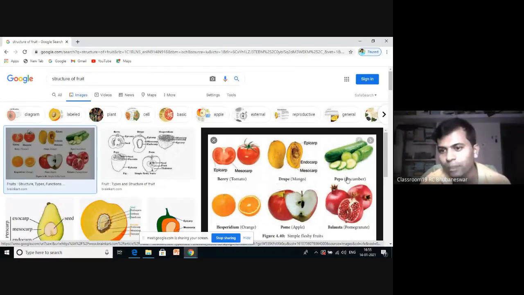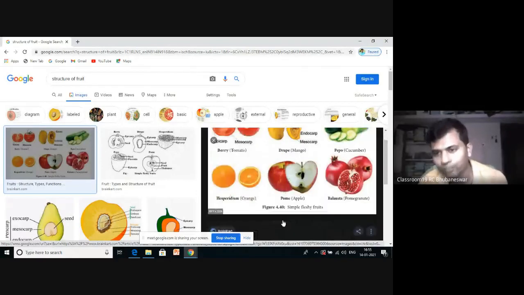Cucumber is a pepo, Cucurbita pepo. Apple: look at the central part you are seeing here.